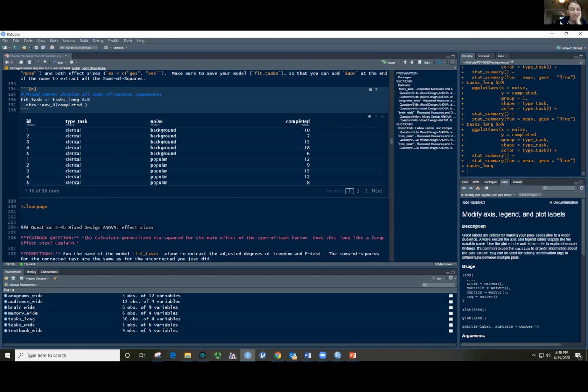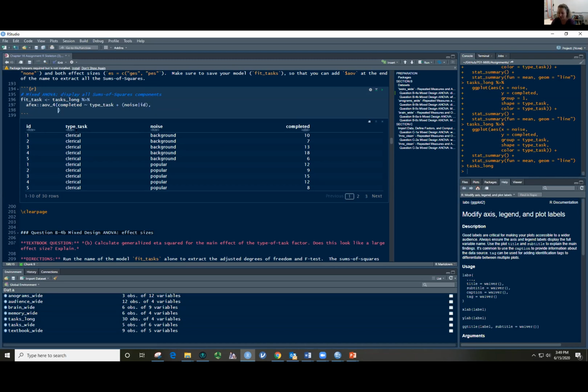Tilde, or wave, and then we put the grouping variable, which is task type, type underscore task. The independent grouping variable goes outside of the parentheses, and then inside of the parentheses, what do we put? Noise, the variable that is the repeated measures factor, vertical bar, ID. And data equals dot to pipe the data in.